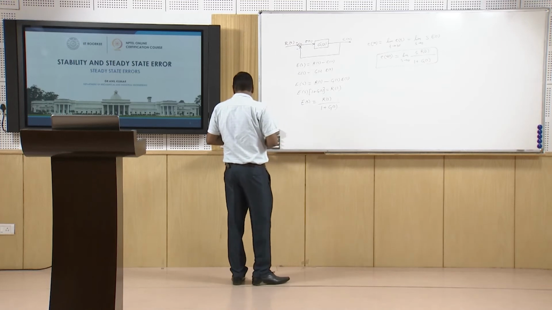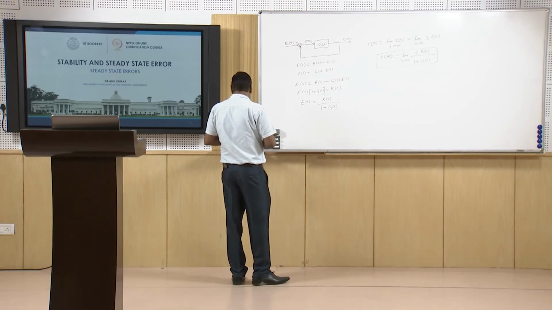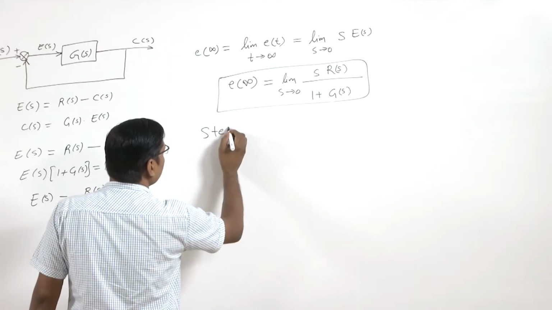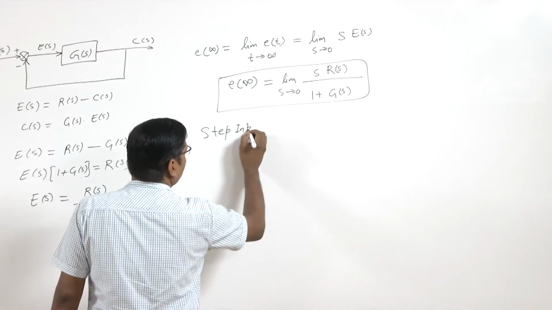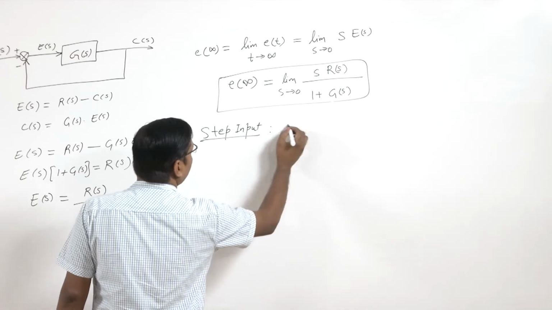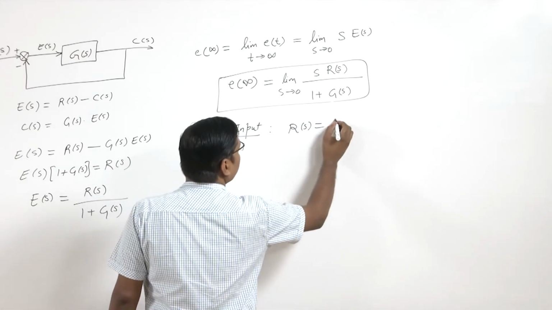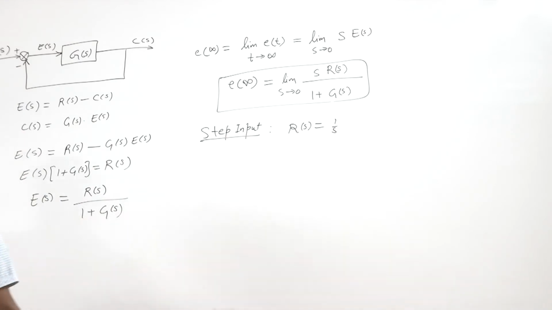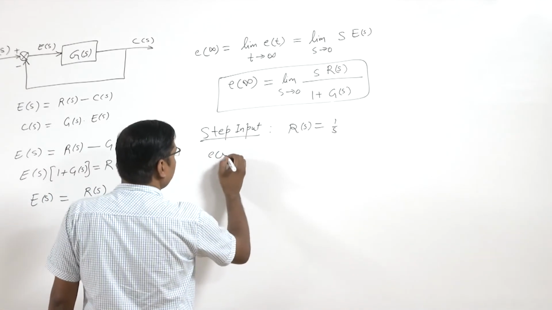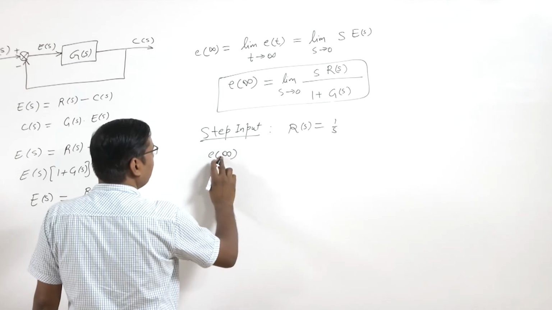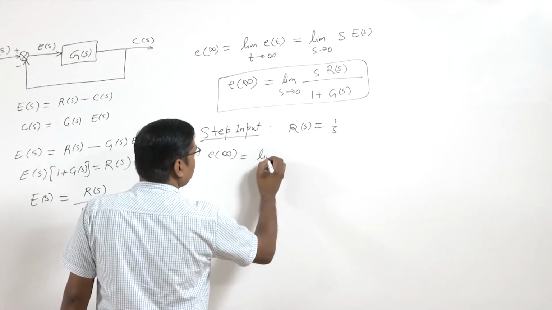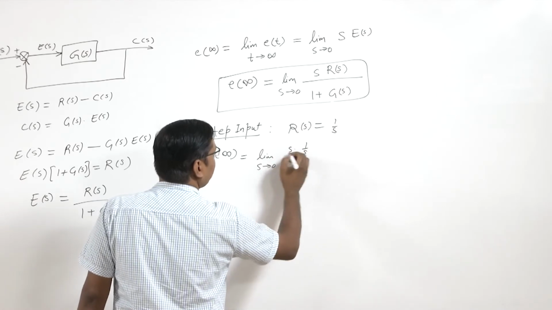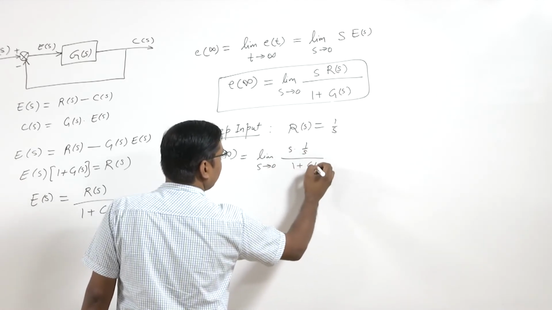So now let's see if there is step input. If we have step input, so it means R(s) is equal to 1 by s. So we can calculate the steady state error e infinite, that is equal to limit s tends to 0 s into 1 by s by 1 plus G(s).